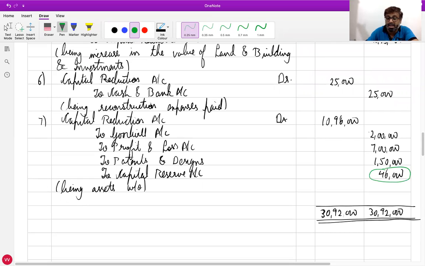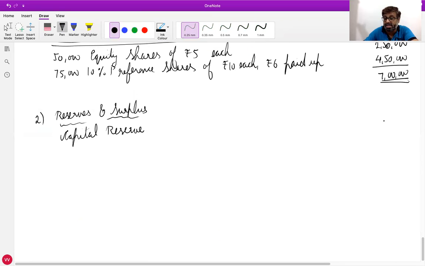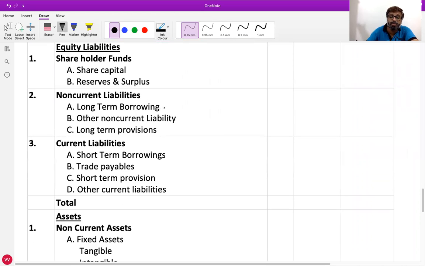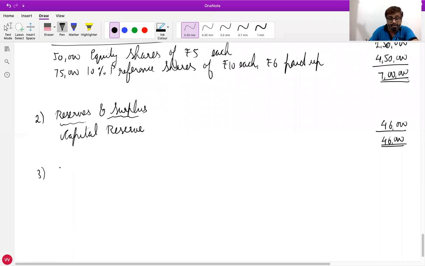Is everyone clear with this? In the existing balance sheet, there was loss, there were no reserves. So 46,000. Then after reserves and surplus, do we have any long-term borrowings? Yes. Debentures are still there. So long-term borrowings.